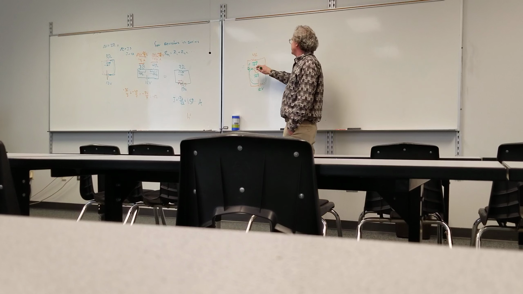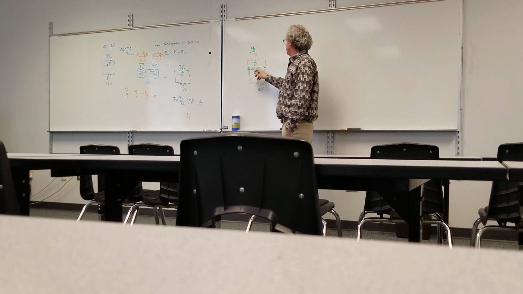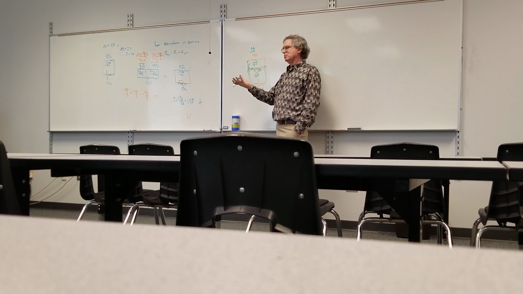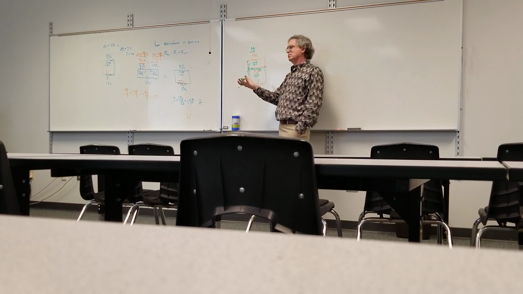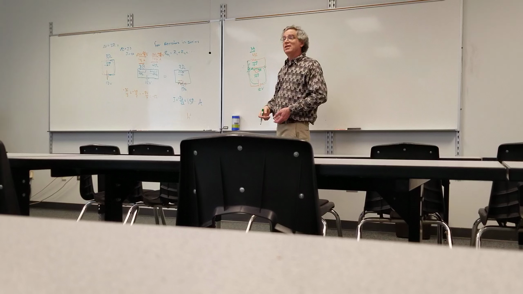So my current flowing across here is going to be 3 amperes. My current flowing across here is going to be 4 amperes. So if I've got 3 amperes flowing up and 4 amperes flowing to the right, how much is flowing in? 7. Yeah.